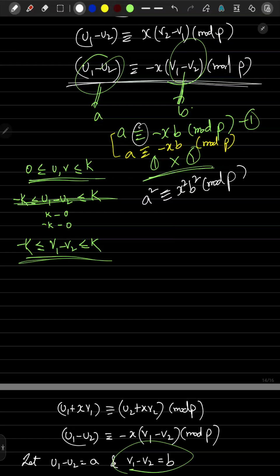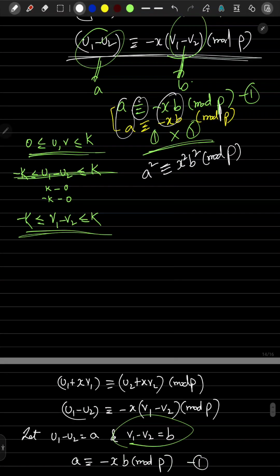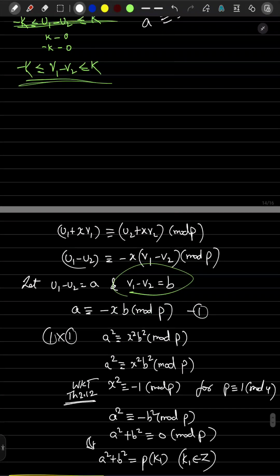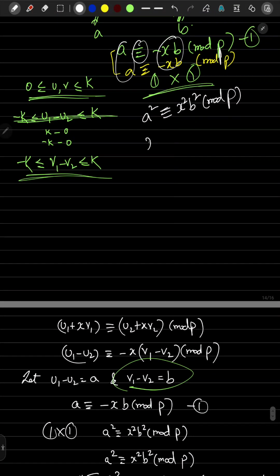This is the property, and this is the fundamental theorem. And one more thing we know, from the equation, x square is congruent to minus 1 mod p. So substitute here.